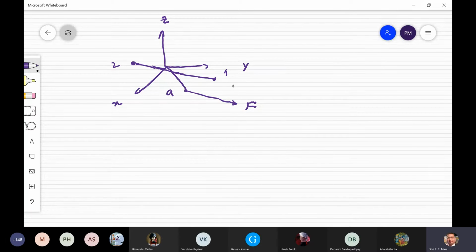For example, this one is point 1, say 1, 1, 1, and this is point 2, say 2, 2, 2.